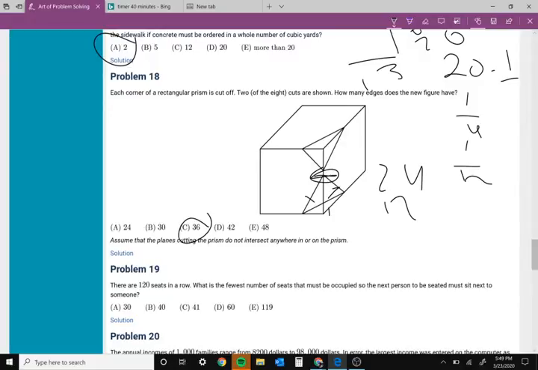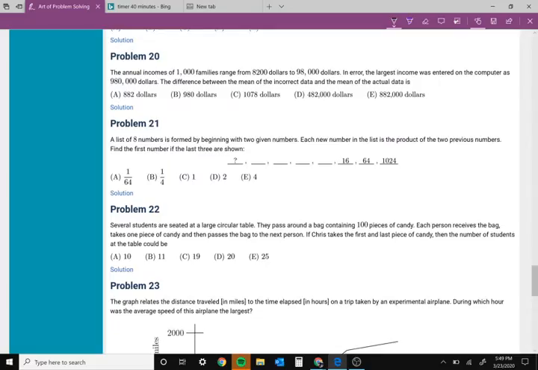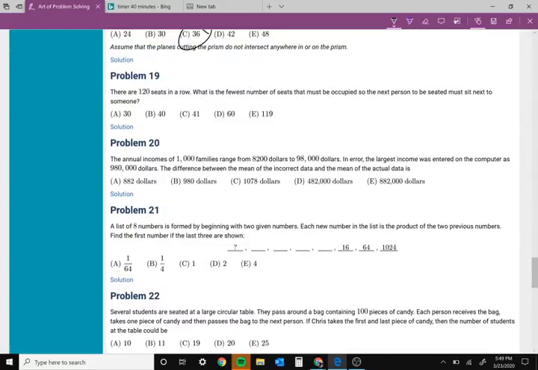I'm getting scared. Okay. 120 seats. How many seats must be occupied so that the next person seated must sit next to someone? They're all in a row, right? So bam, bam, bam, bam, bam, bam, bam, bam. Fewest number of seats. Well, it's obviously not 119, right? Well, let's think about this.